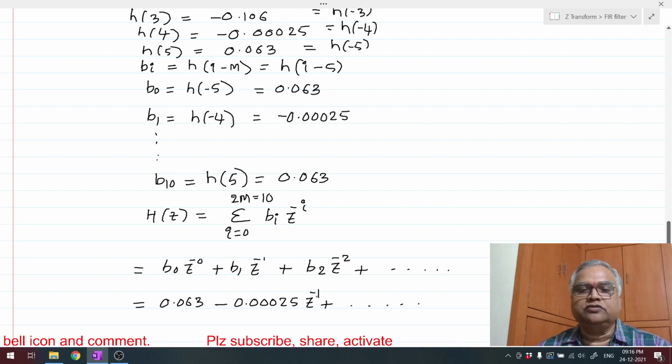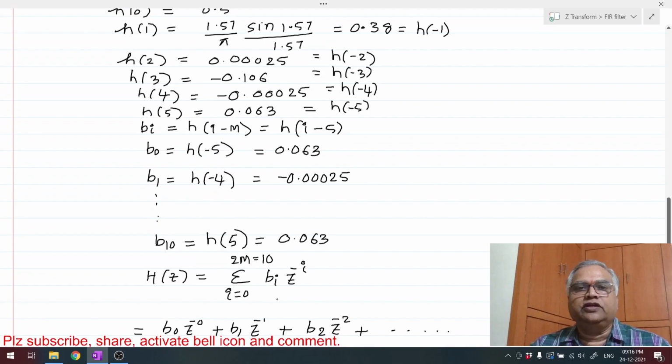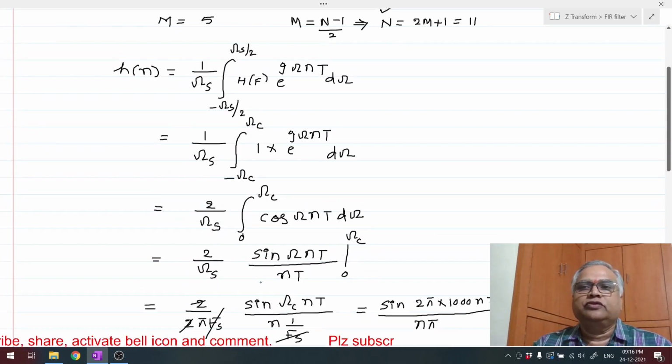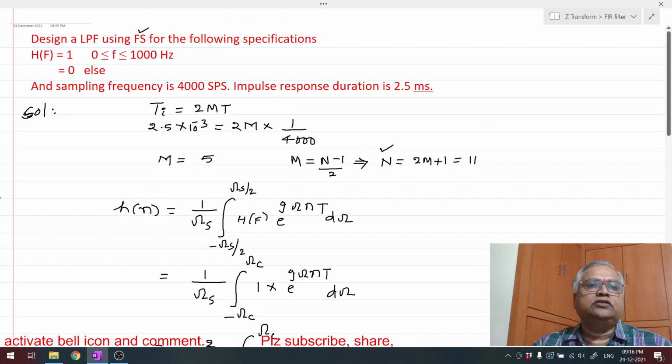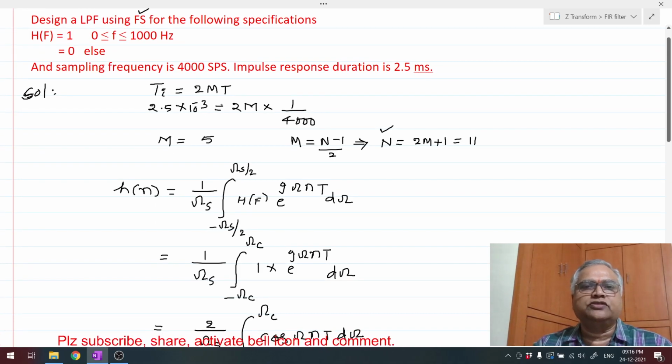If they want to show the structure also, we have to show. How to draw that structure, I will explain later. So what is the problem? Design a low pass filter using Fourier series for the following specification.